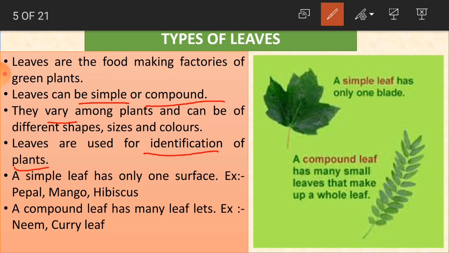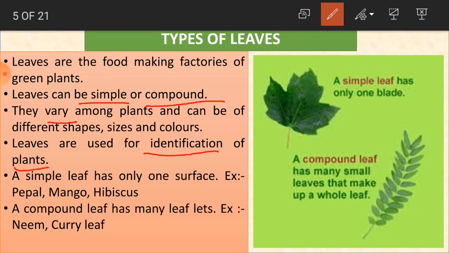The leaf itself is the identification of the plant. By seeing the leaf we can say this is this plant. It is like finding out their name, to which plant they belong. Clear, children?